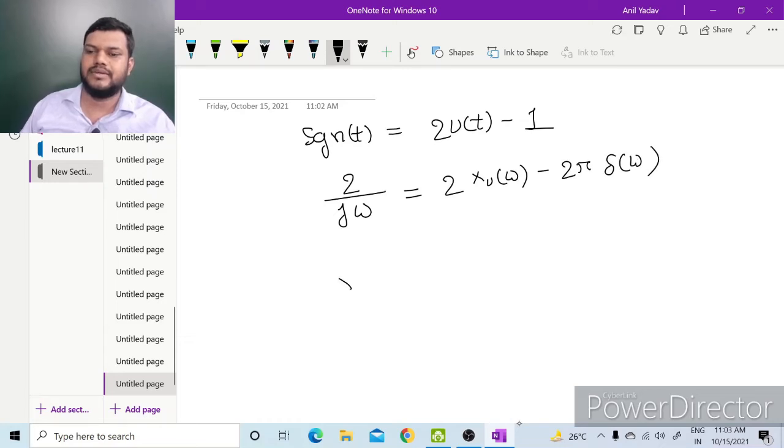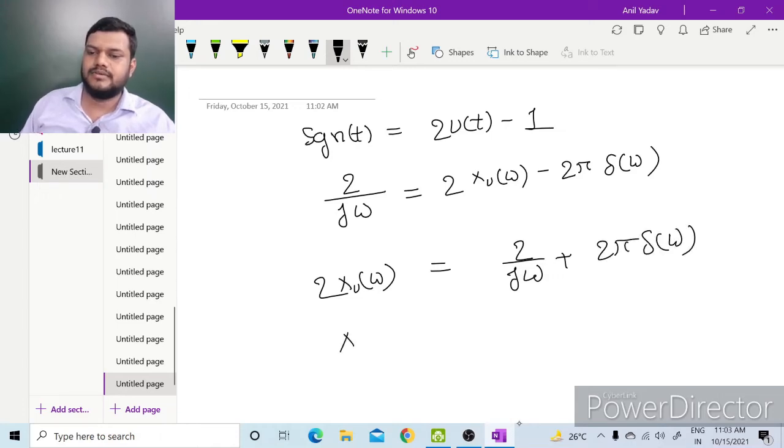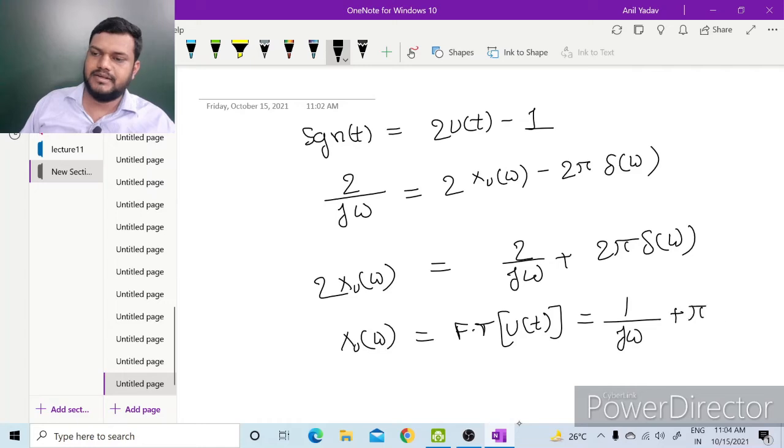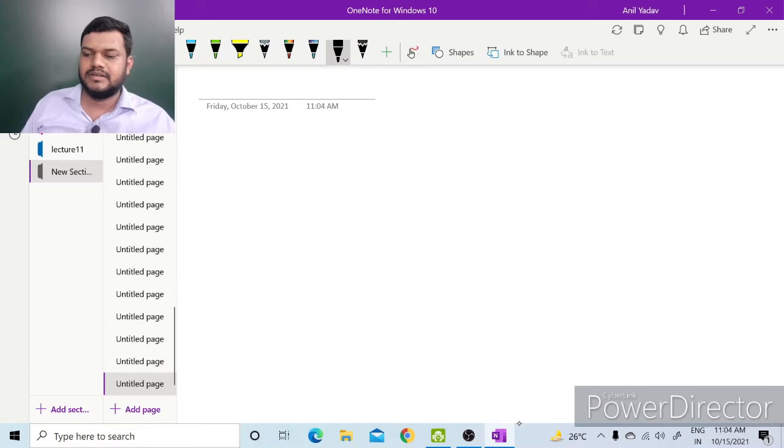So we can write from here that 2 Xu(omega) is 2 by j omega plus 2 pi delta(omega). So Xu(omega), which is Fourier transform of u(t), unit step signal, will be 1 upon j omega plus pi delta(omega). So this is also one important result which we have to remember.